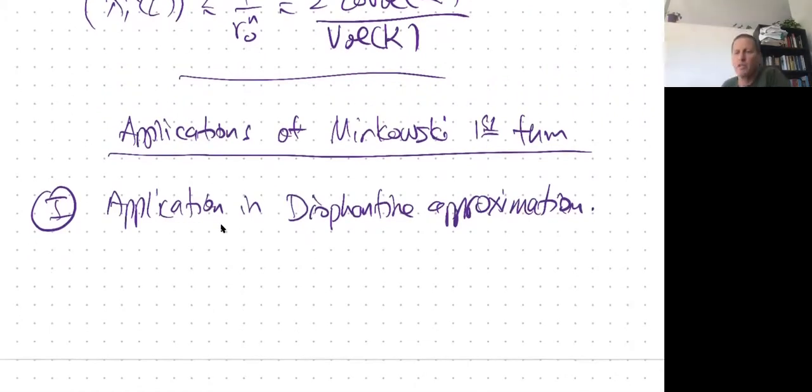What is diophantine approximation? It is a branch of number theory in which you're trying to approximate real numbers or real vectors or real matrices by integer numbers or rational numbers or rational vectors or rational matrices. And you want good approximations, where the quality of the approximation is measured using two different pieces of data.